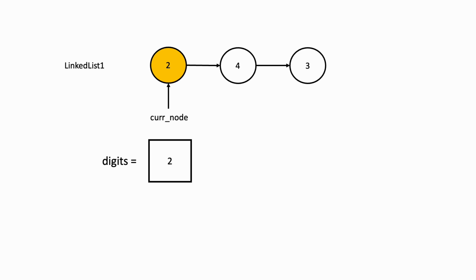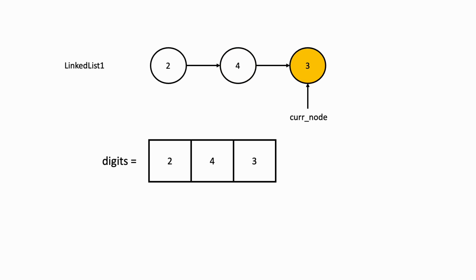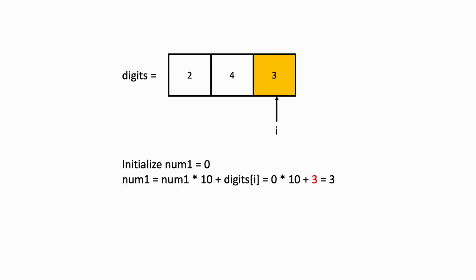The current node value is 2, so we'll append this value to the digits array. We will iterate through the next node in linked list 1 and append its value, which is 4, to the digits array. Then the next node, whose value is 3, is appended as well.